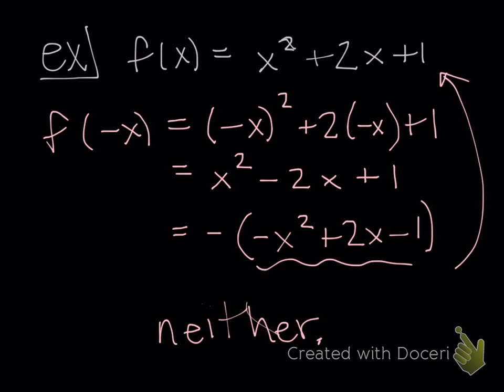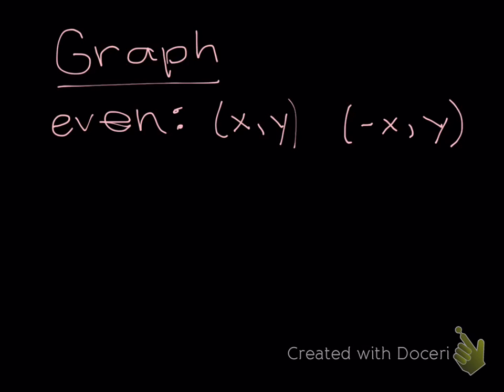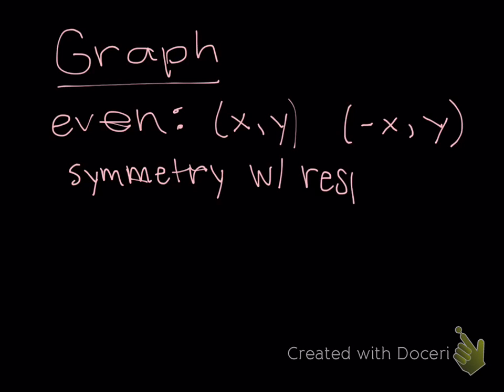To determine if a function is even, odd, or neither graphically, so on a graph, if our function is even, for every coordinate that is an x, y, we have the same coordinate that has a negative x, y, which means it has symmetry with respect to the y-axis.